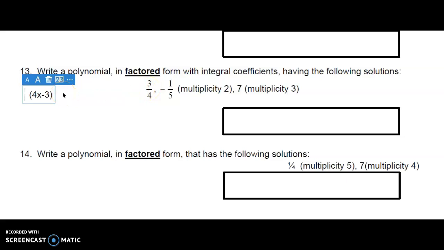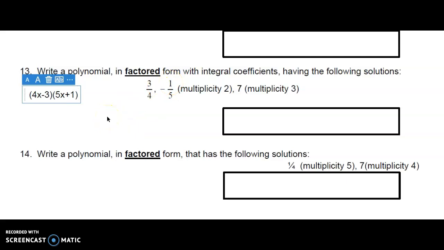So taking that same idea and looking at -1/5, I said to make the denominator the coefficient of your x. So that means I'm going to have 5x. Because my solution is negative, that means I must be adding to get my factor. So 5x plus the numerator, which is 1.